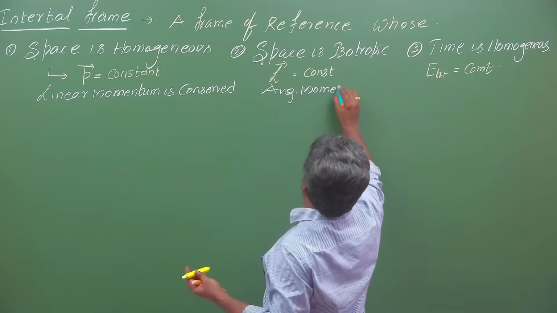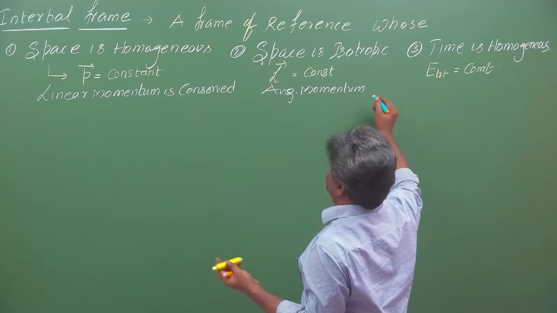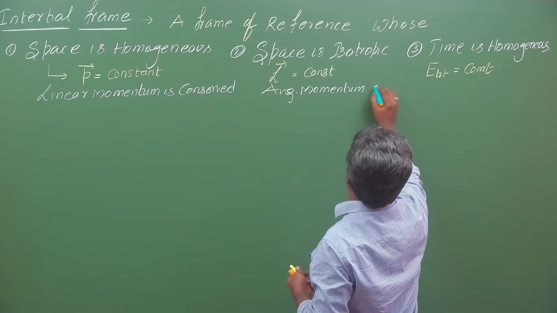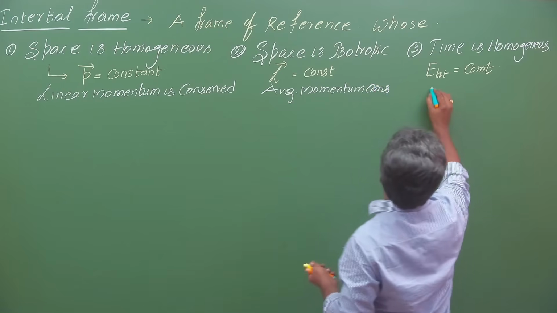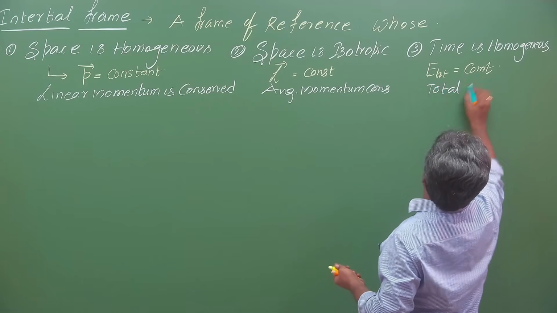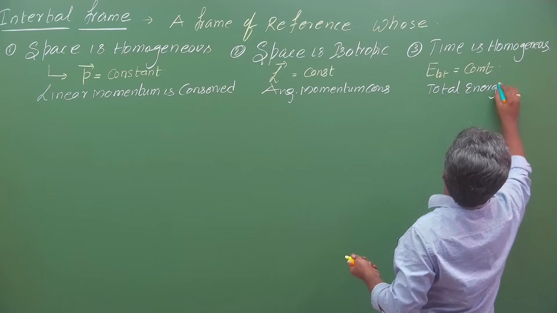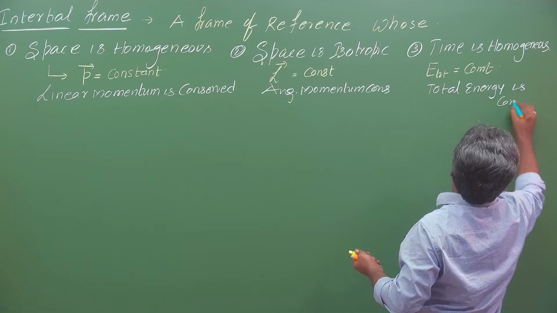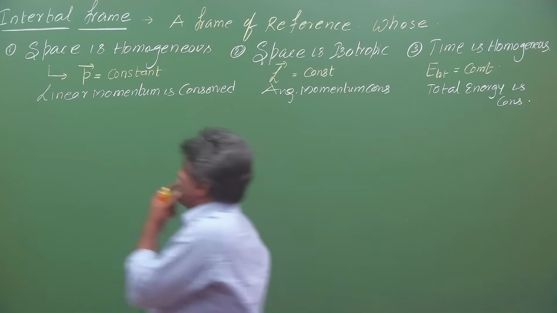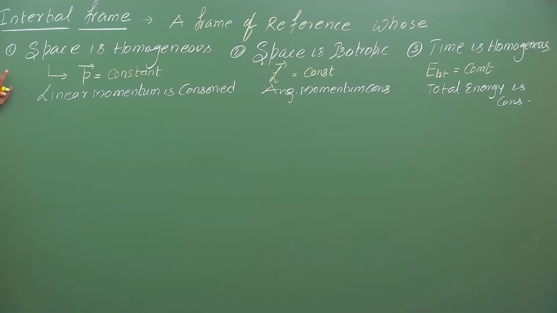Please learn this, at least it is easy to teach to your children in intermediate. That's good. So then that frame of reference is called an inertial frame of reference.